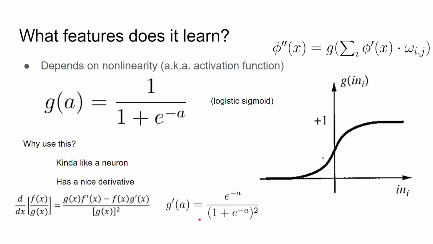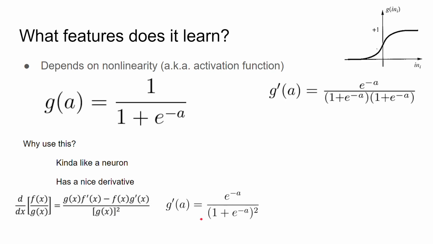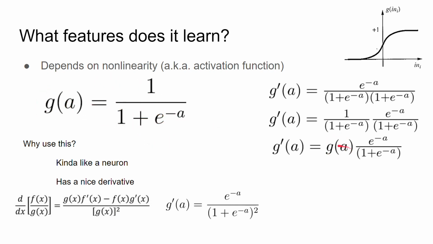Why is that a nice derivative? Well, it's nice because I can do a little bit of algebra on it. I can expand out that squaring into these two components. Why would I want to do that? Well, I can split this into two parts. And this first bit is kind of nice because that is just the activation itself. If I've already calculated it, then I can just write this part like that. Now what can I do over here?